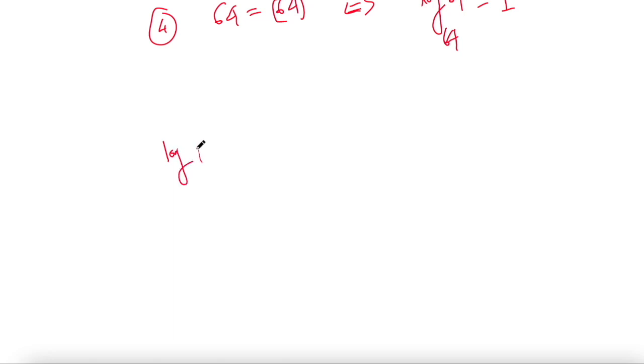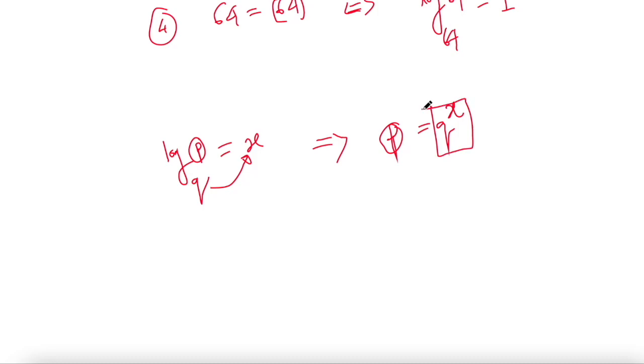For example, if log p to the base q equals x, then from here you can write p is equal to q to the power x. This p will be on the left side, and q to the power x will be on the right hand side.